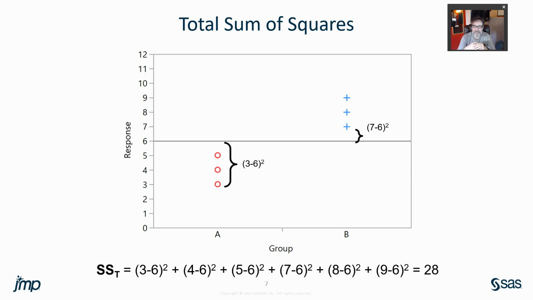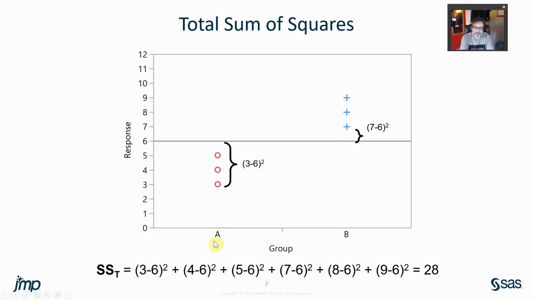We square the differences, and then we sum the squares. Okay, so we square the differences, then we sum the squares, and it gives us this value of 28, which I hope makes sense.